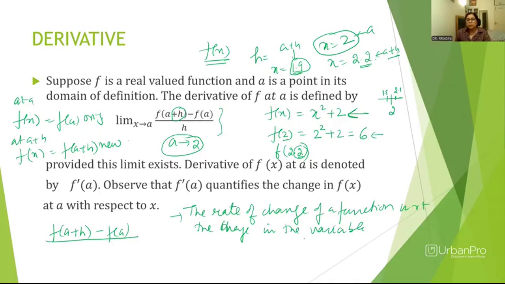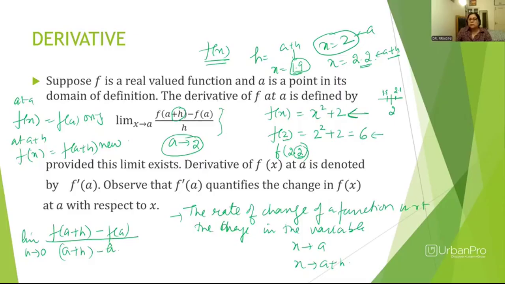Now what is the variable? x. Earlier it was a, now x has been changed to a plus h. So what is the difference now? The change in variable is a plus h minus a, and where this limit h is as small as possible.